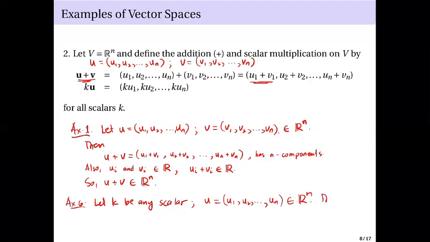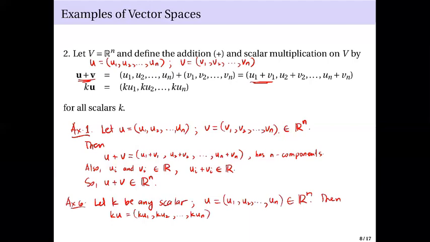Then again, by definition, ku is just ku1, ku2, until kun.